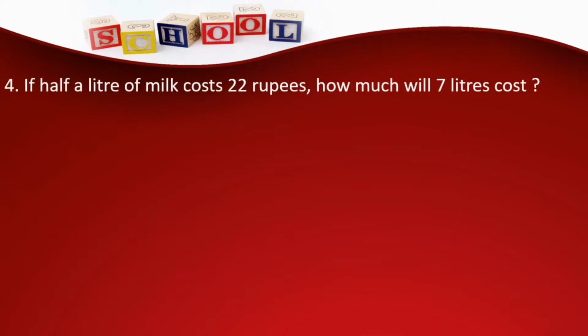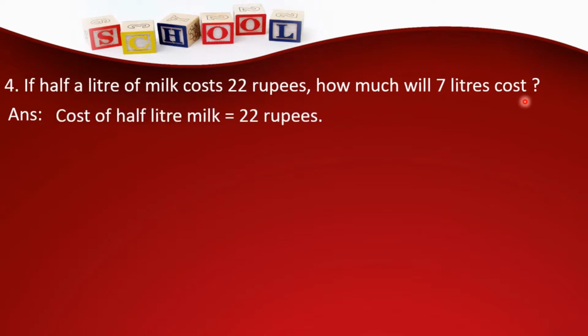Next question is, if half a liter of milk costs 22 rupees, how much will 7 liters cost? So we know that here the cost of half liter of milk is given as 22 rupees.